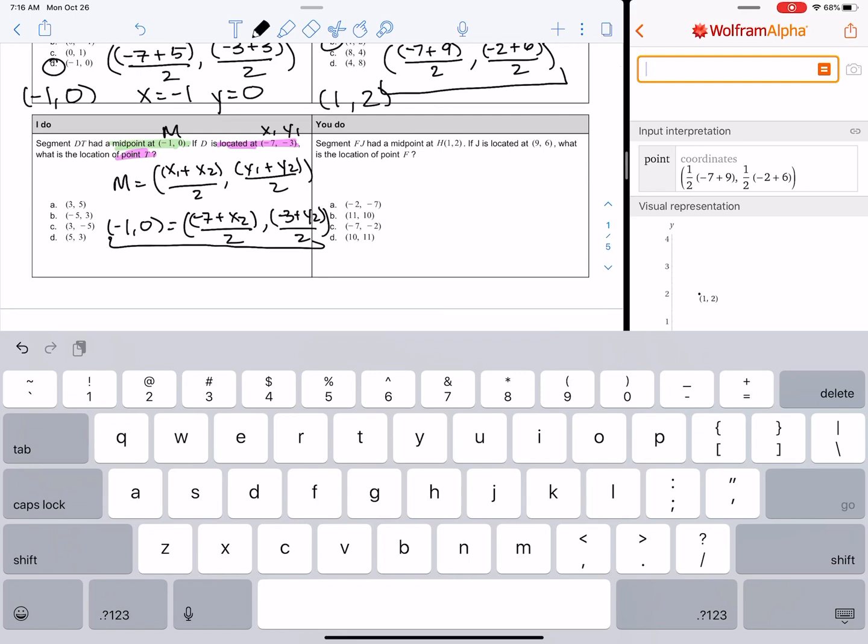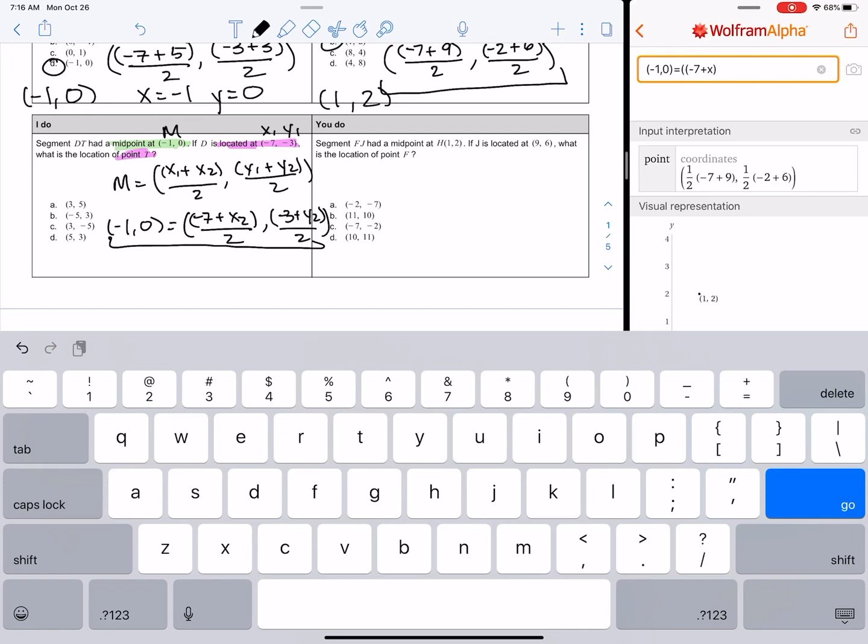So we have the first point, -1, comma, 0, equals, parentheses, parentheses, -7 plus x.